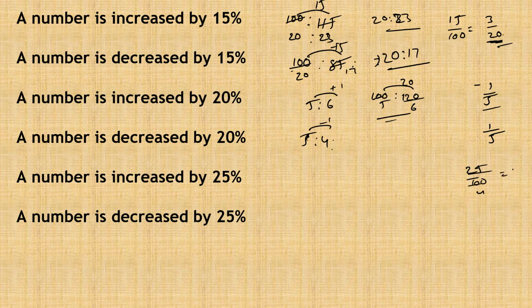The number was 4 and it increased by 1, that is 5. A number is decreased by 25%, it was 4 and decreased by 1, that is minus 1, 3. 4:3 is the ratio. When a number is increased by 25%, we write 4:5, and when decreased by 25%, we write 4:3. We'll write the ratio directly.